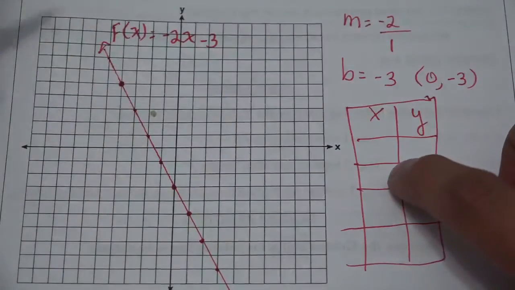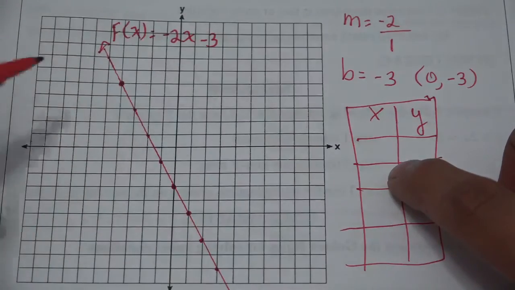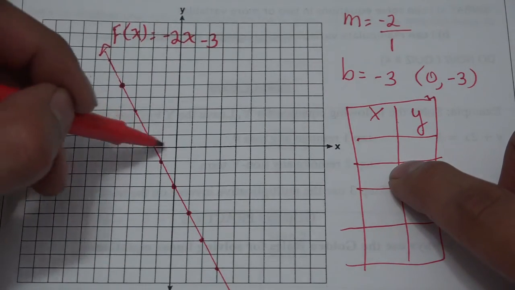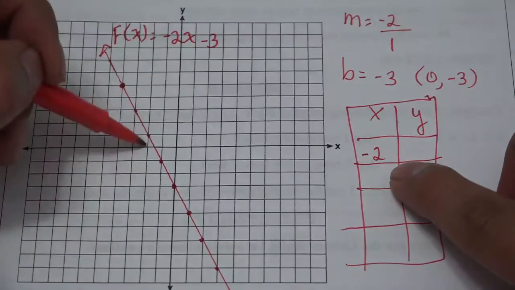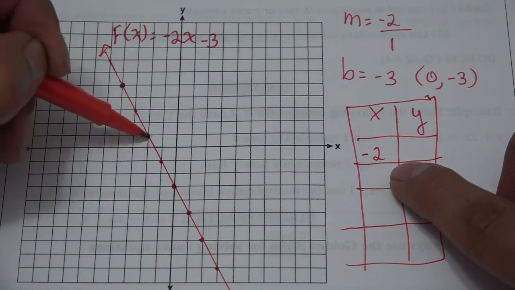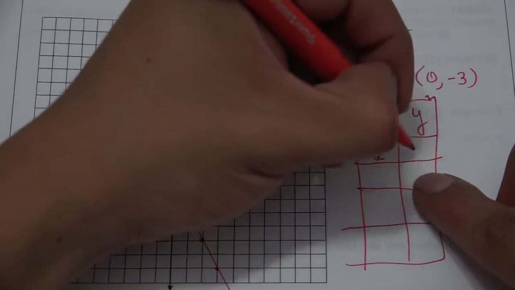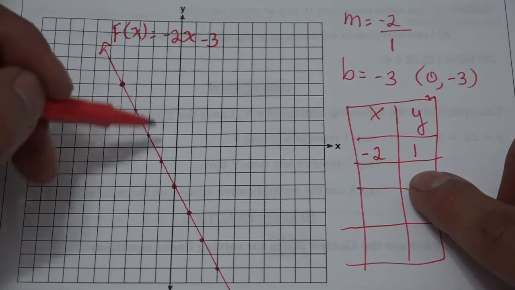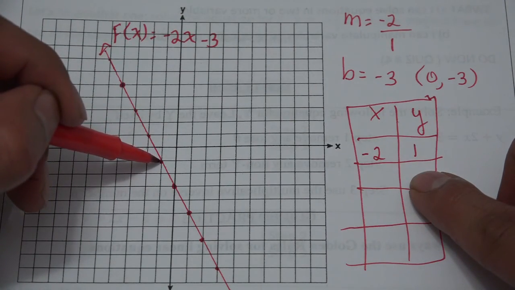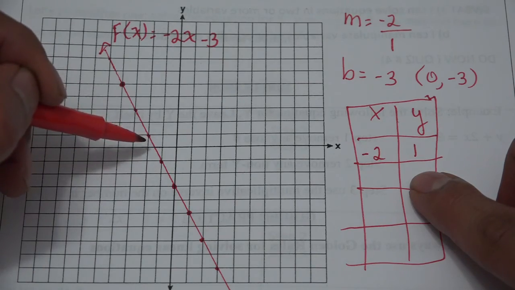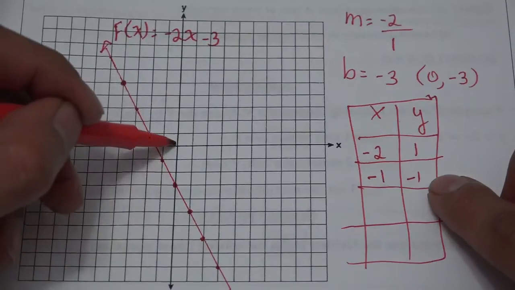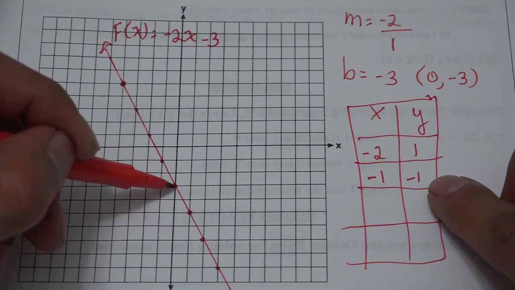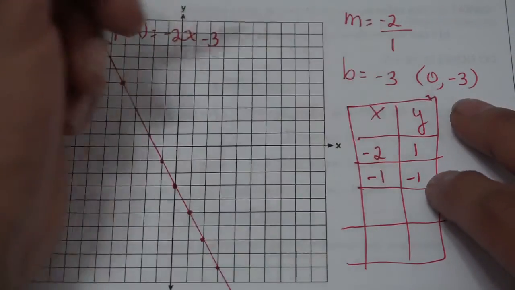Look, let's give values. Let's say x is -2. So when x is -2, y is 1. When x is -1, y is -1. When x is 0, y is -3. Duh, the y-intercept.